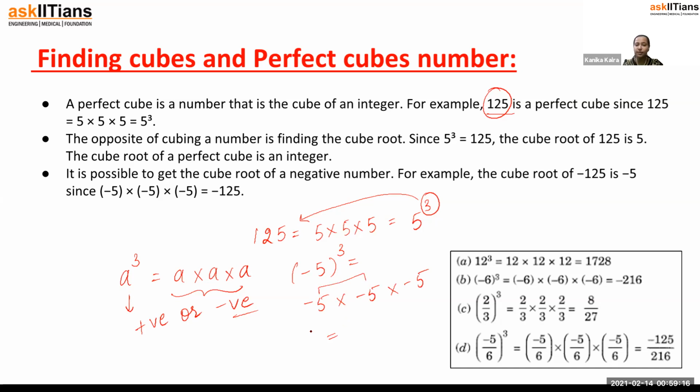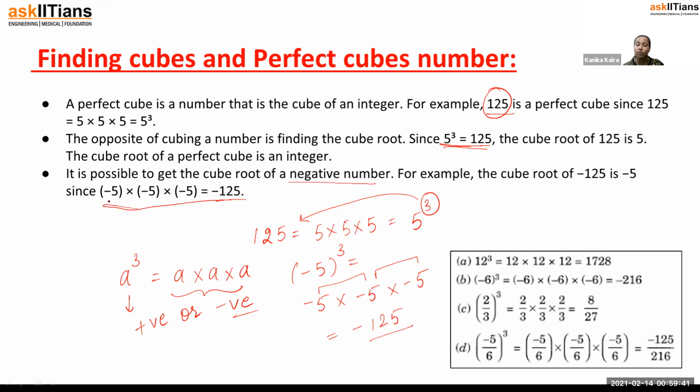Minus 5 into minus 5 is plus 25, and plus 25 into minus 5 would be minus 125. So what we have learned in this case is, for a positive integer, the cube is always positive. And for a negative number, the cube is always negative.